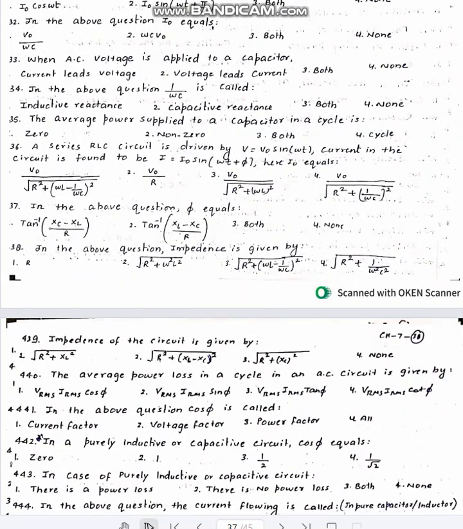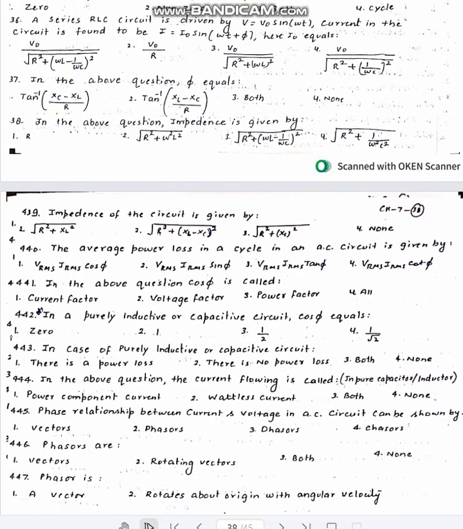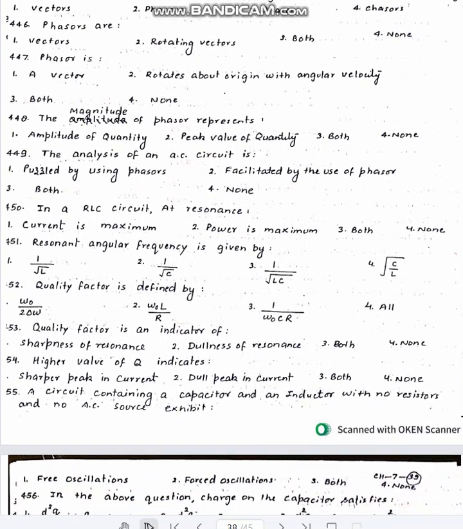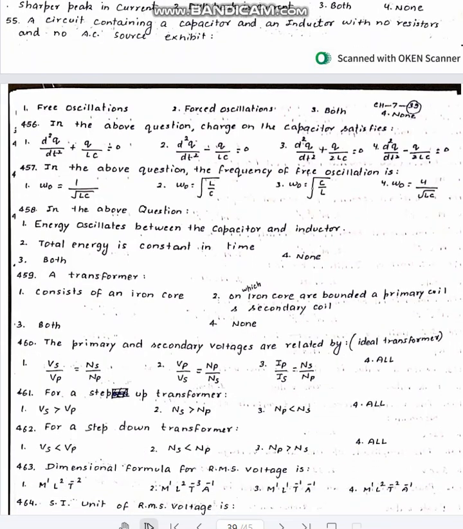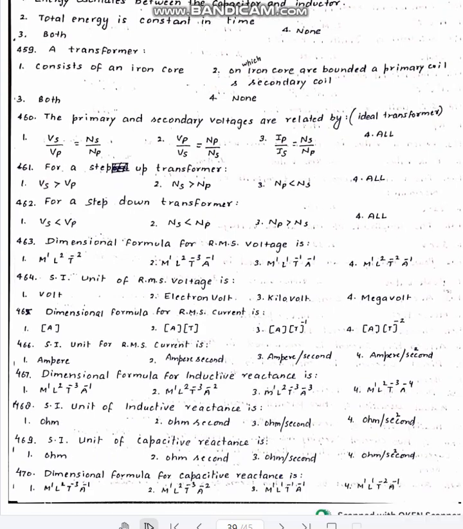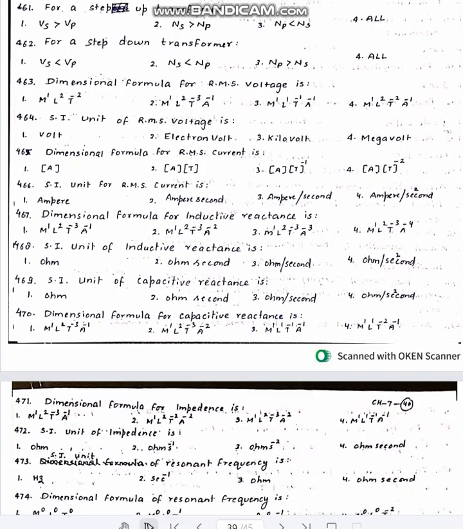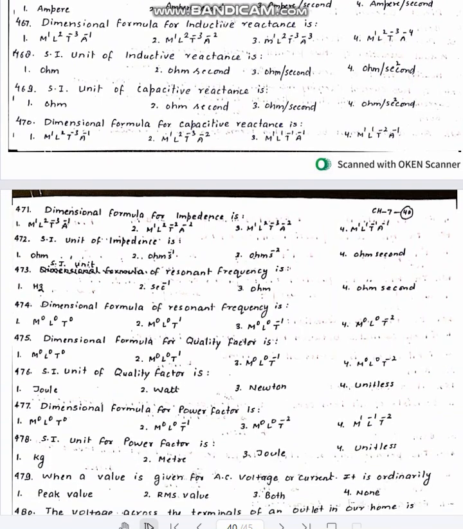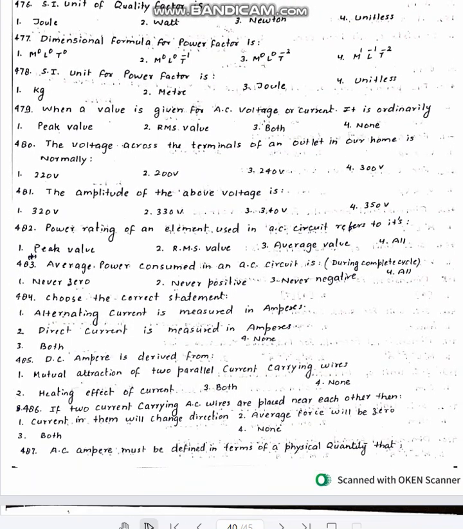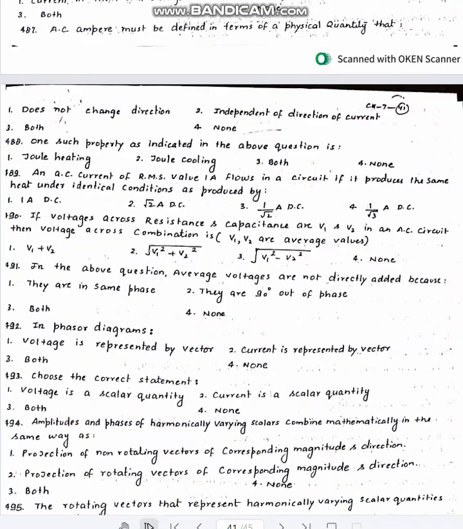Then we have peak current, then phase difference, then impedance, then impedance of circuit, resonant frequency, quality factor, free and forced oscillation, then relation between primary and secondary current for step up and step down transformer, dimensional formula for voltage, SI unit for current, then inductive reactance SI unit and CGS unit, then SI unit of resonant frequency, dimensional formula, quality factor, SI unit of quality factor, dimensional formula for power factor, SI unit of power factor, then peak value, RMS value, ratings.